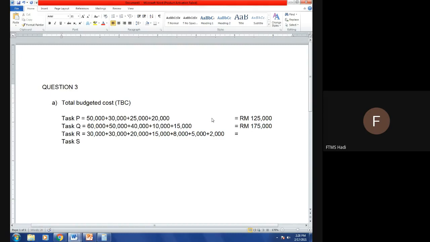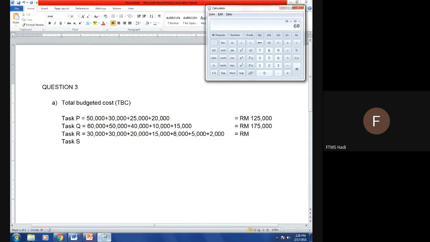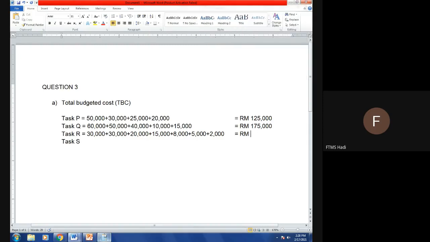If you press the calculator, you will get 30 plus 30 plus 20 plus 15 plus 8 plus 5 plus 2, which is 110. Okay, that's the third one.